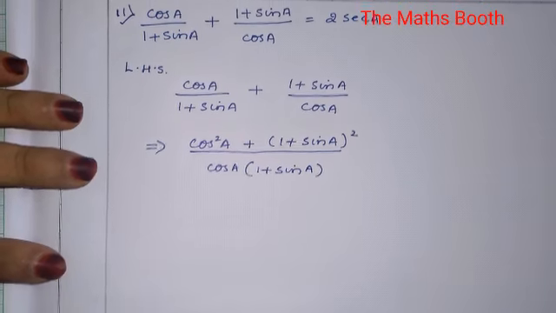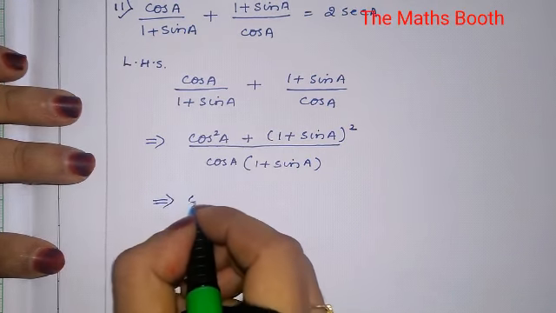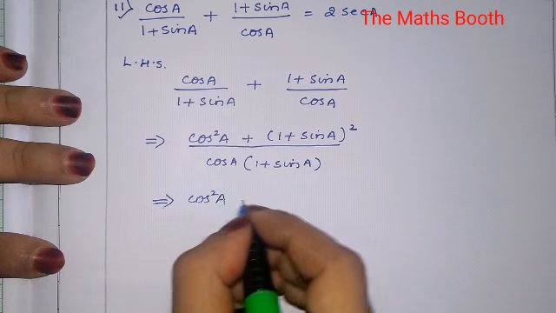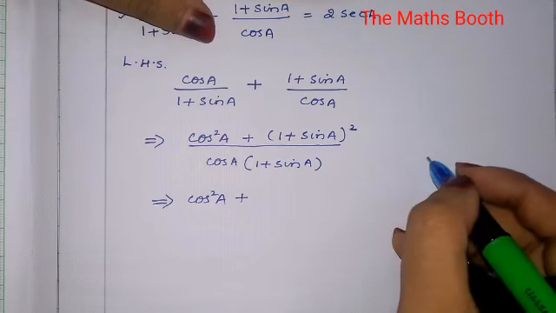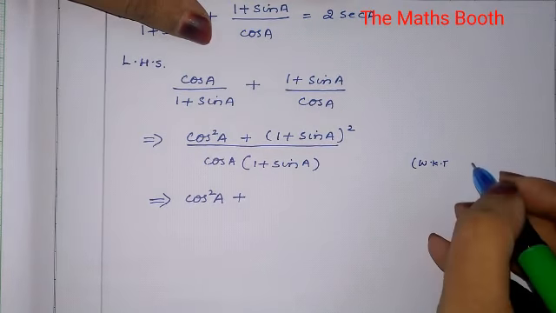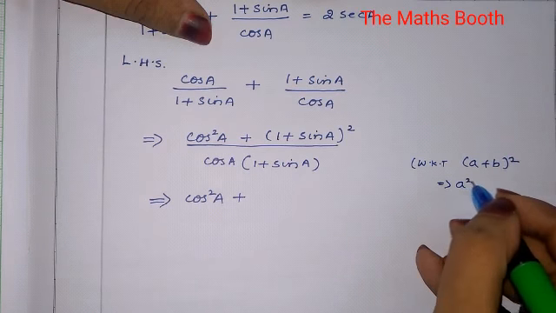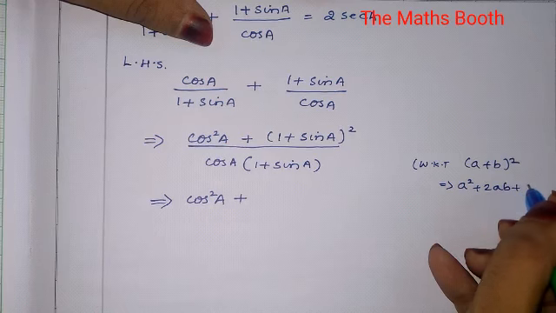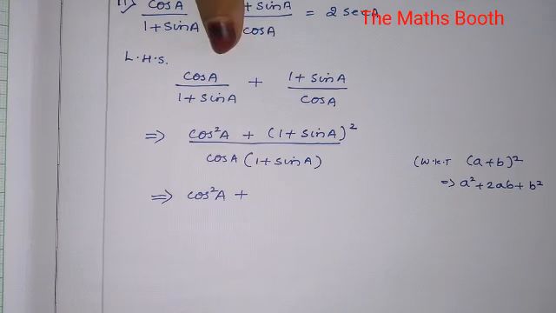Now in the next step, what we have to do is keep cos square A as it is, plus we know the (A plus B) whole square formula, that is A square plus 2AB plus B square, or A square plus B square plus 2AB.